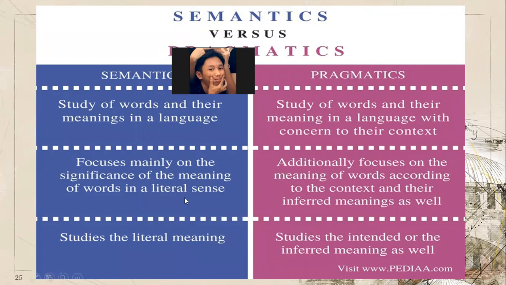Semantics focuses mainly on the significance of the meaning of words in a literal sense. Pragmatics, additionally, focuses on the meaning of words according to the context and their inferred meanings as well. Semantics studies the literal meaning, while pragmatics studies the intended or the inferred meaning as well. So, yung the difference between pragmatics and semantics.